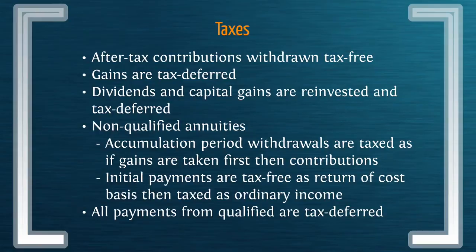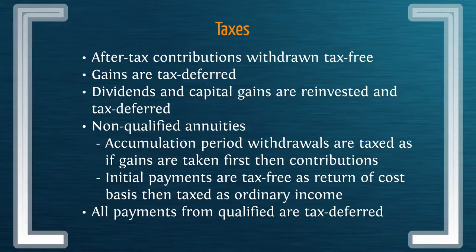But there's variations based on the initial tax treatment of the investment when the payments start coming back to the investor. For non-qualified annuities, these are after-tax annuities. If there's an accumulation period, when the withdrawals start to come back, those are treated as receiving the gains first. So you're going to have to pay taxes on those gains.